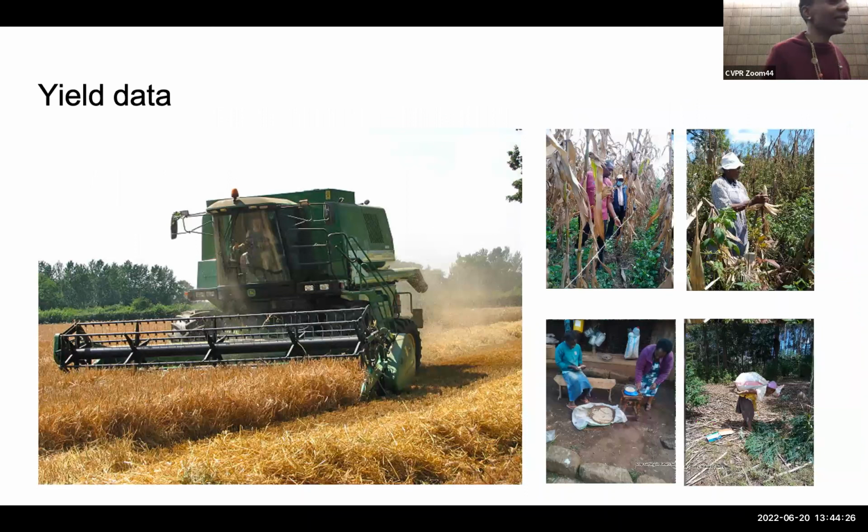For things like yield, it's very complicated. You can have a very fancy harvester that records as it's harvesting grain, for example. This is not so common. It's common in highly commercial, really large fields, and is largely non-existent, for example, in Sub-Saharan Africa, where you have very small fields and a lot more complex agriculture.